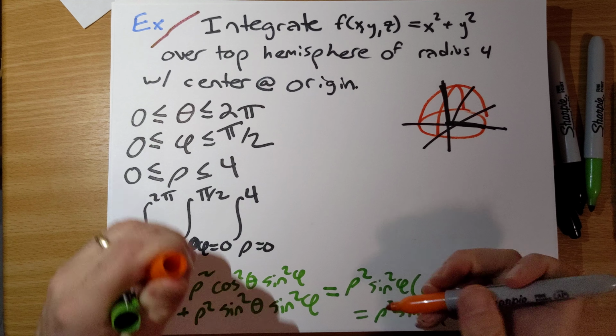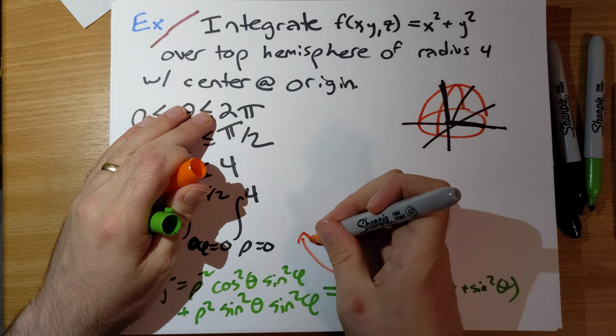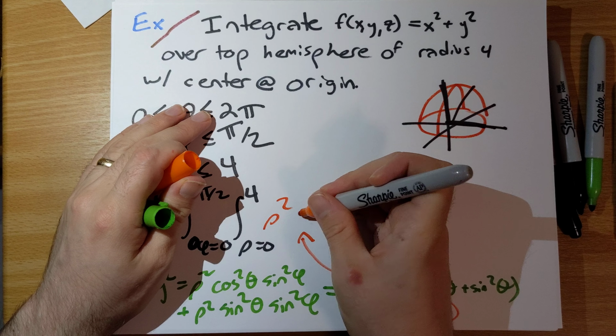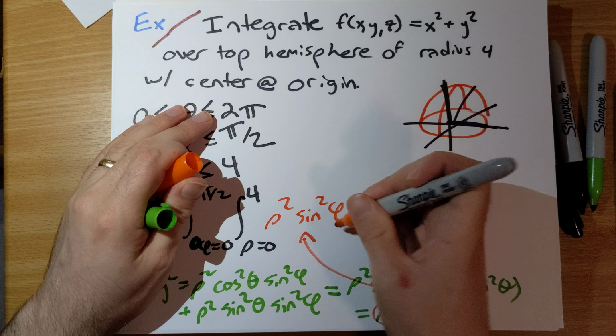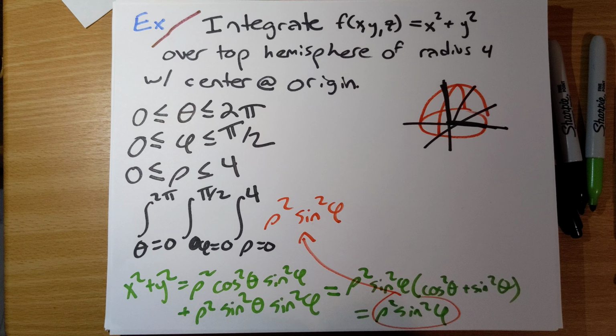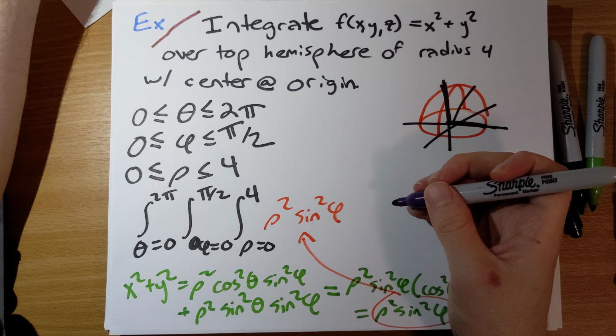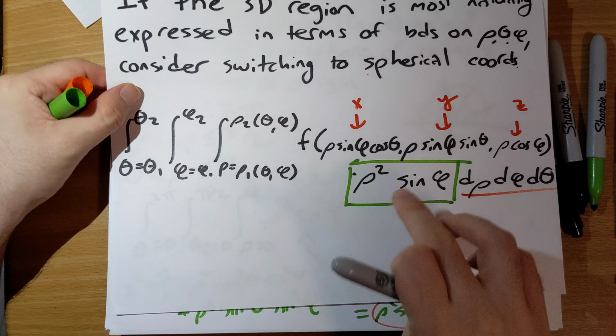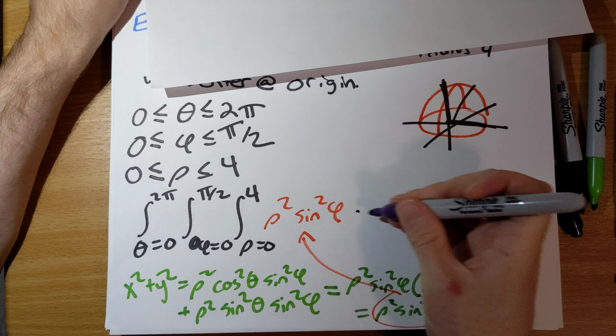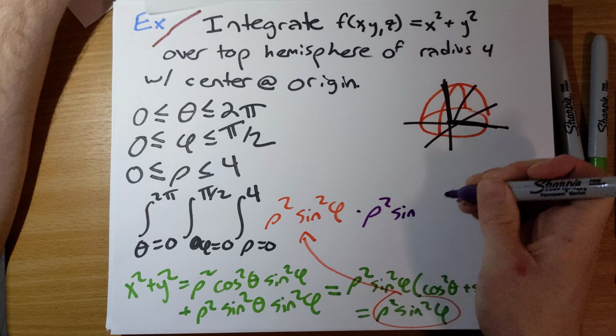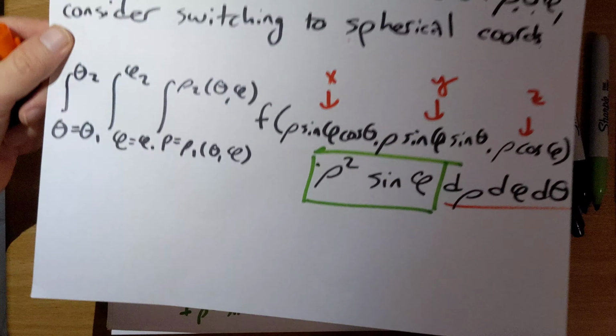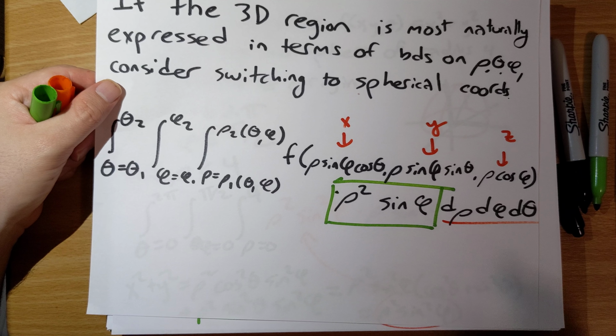So rho squared sine squared phi goes up here. But then, don't forget, we always have to throw in the extra factor of rho squared sine phi when we're doing spherical coordinates.